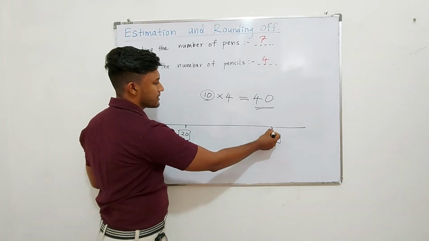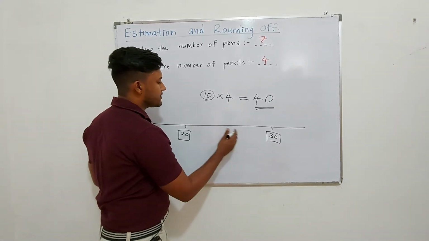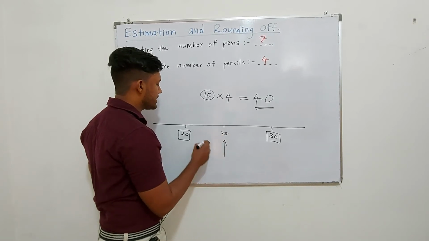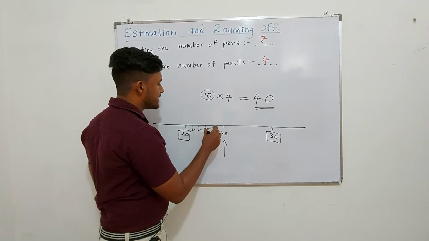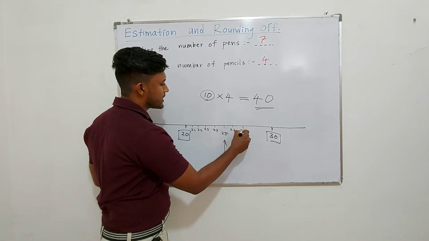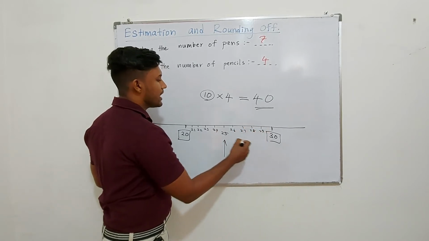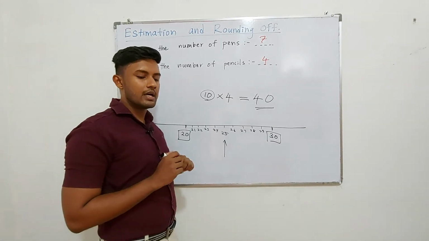In between 20 and 30 we have 25, the middle value. Then 21, 22, 23, 24, 25, 26, 27, 28, 29. We have these values, right? In between 20 and 30 we have some numbers.